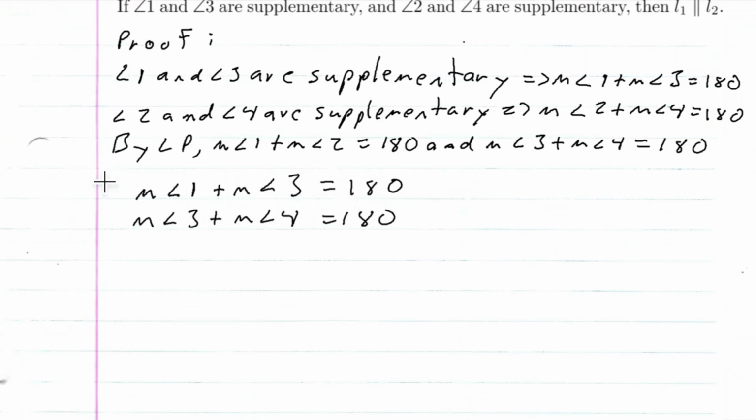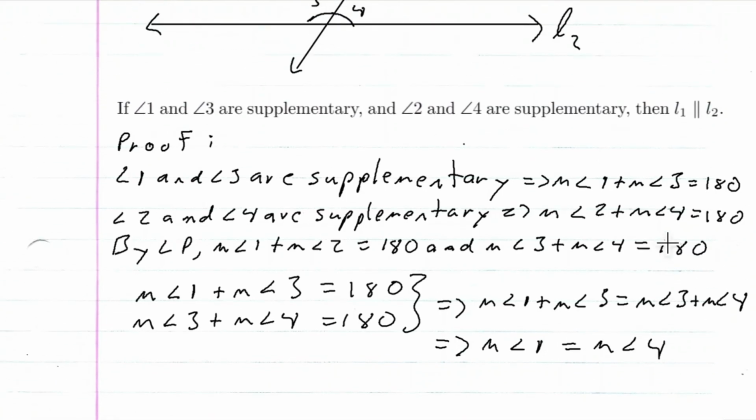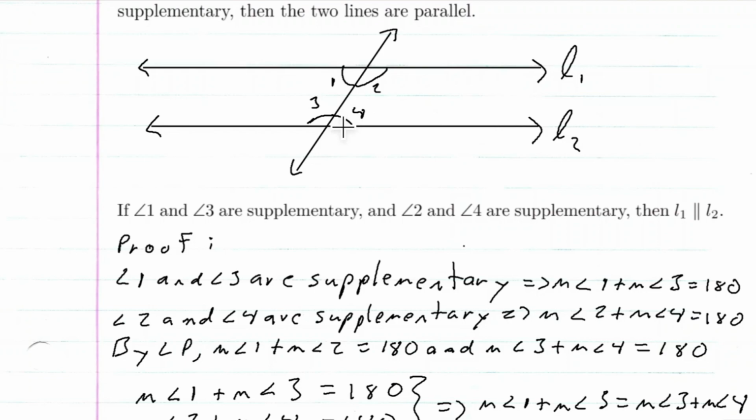So this means the measure of angle 1 plus the measure of angle 3 is equal to the measure of angle 3 plus the measure of angle 4. So I can subtract the measure of angle 3 from both sides to get the measure of angle 1 is equal to the measure of angle 4, right? So 1 is equal to 4. Now all I have to show is 2 is equal to 3, and then by AIA, these two lines are parallel.